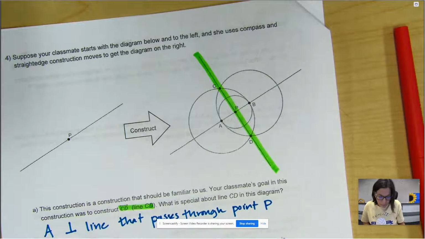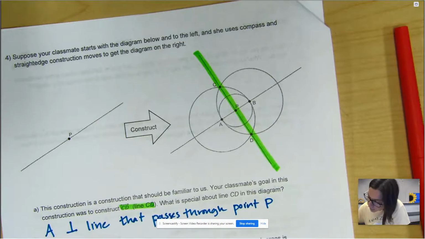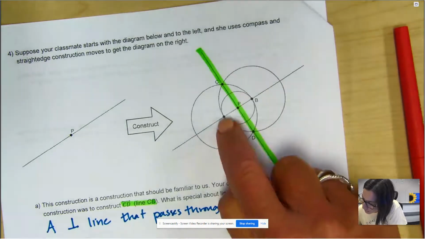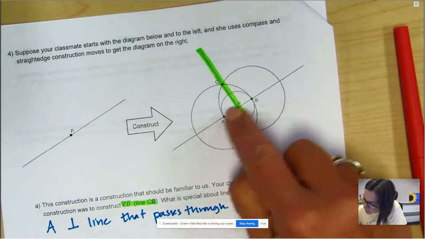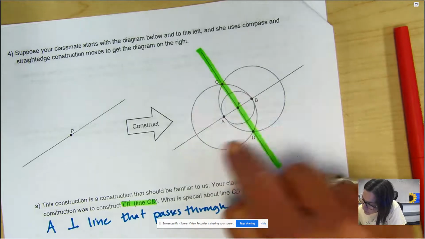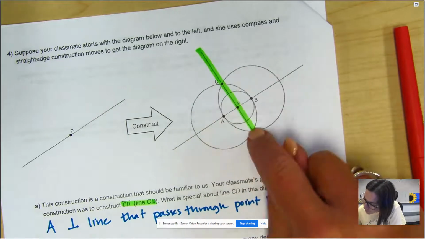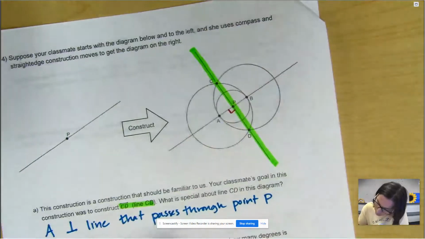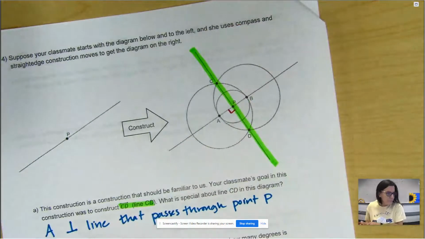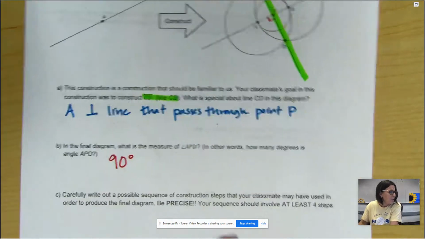All right. In the final diagram, what is the measure of angle APD? How many degrees is that? Well, it appears as though they did a perpendicular bisector, so that makes a right angle, 90 degrees.